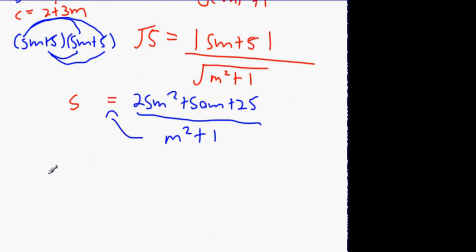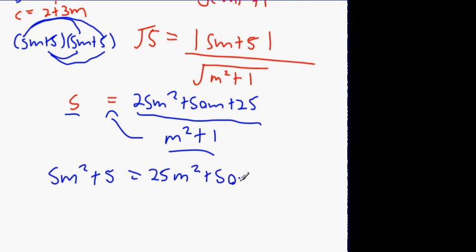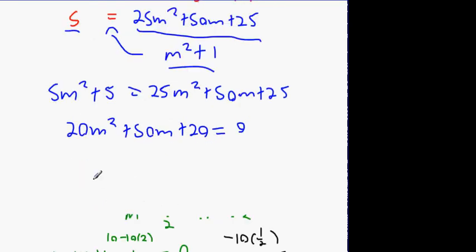When you bring this up here, it's going to be 5m squared plus 5, because you're multiplying the 5 by the m squared plus 1. That equals 25m squared plus 50m plus 25. Bring it over to your side, 20m squared plus 50m plus 20 equals 0. Divide by 10. Sorry, 5, isn't it? Yeah, so that's, yeah, 10's better.